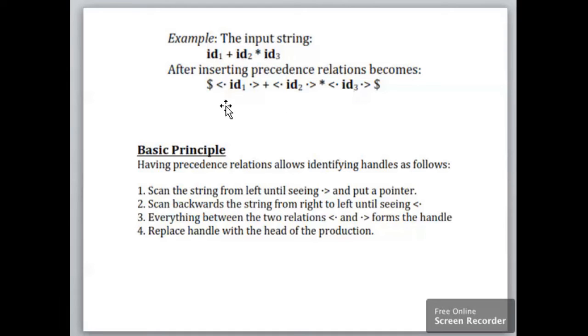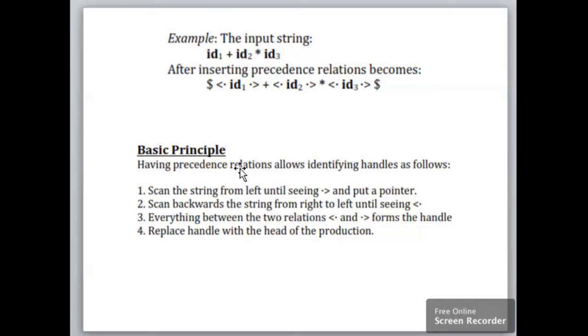Now in this case I won't have any precedence relations for dollar compared with E. The reason is that E is a non-terminal and we don't have precedence relations for any non-terminal. So I would be putting it as dollar compared with plus, and plus would have a higher precedence. In the same way, putting the precedence relations and reducing by the handle, I continue till I get the final accept for the given input stream.